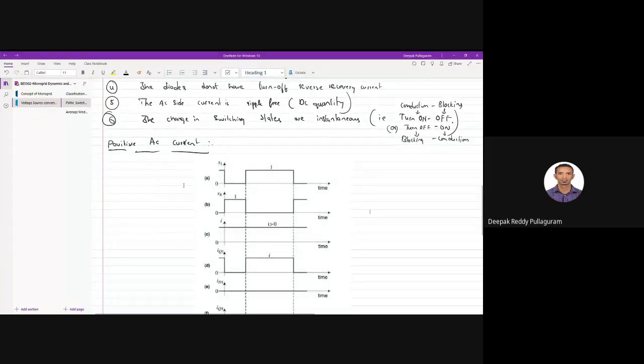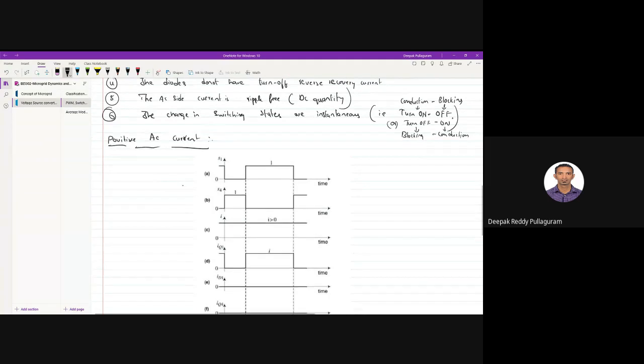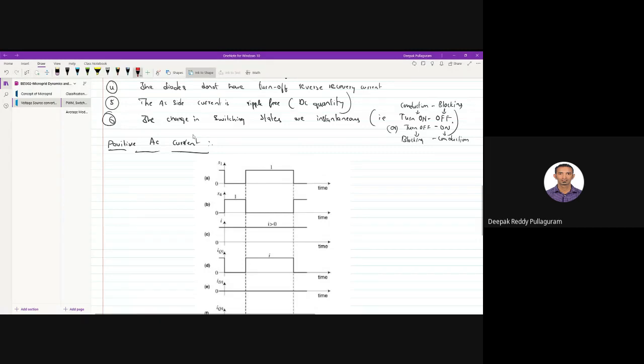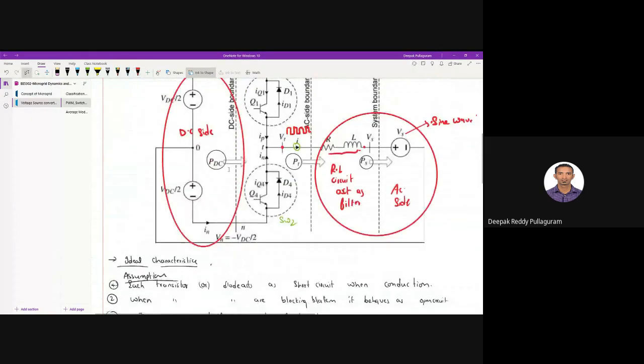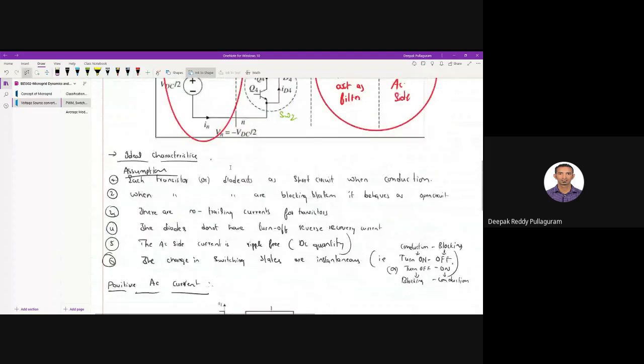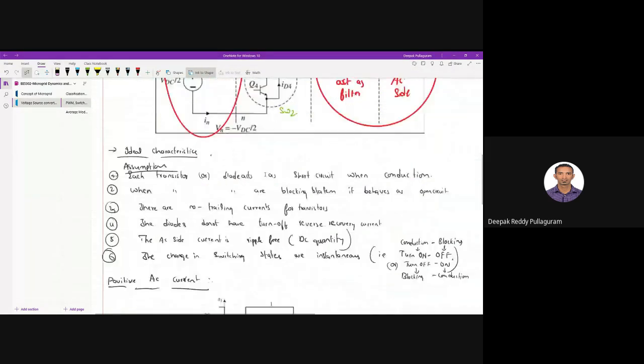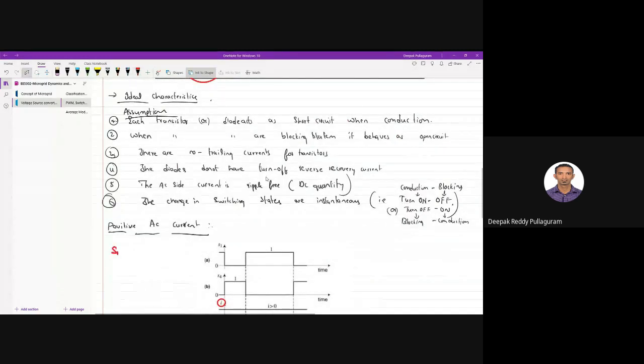So for the positive AC current, if you see here, the current is in the positive direction, from 0 to here. This is the current I'm talking about. Because of the PWM effect, let's assume S1 is in off state, that is 0 initially.